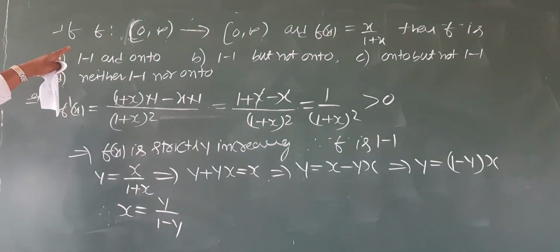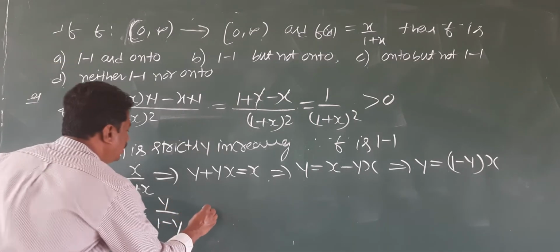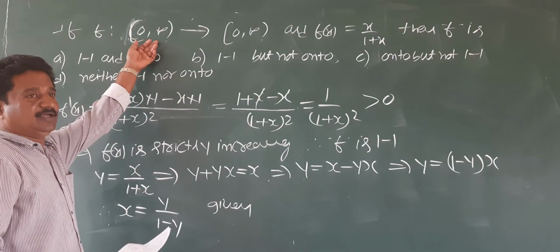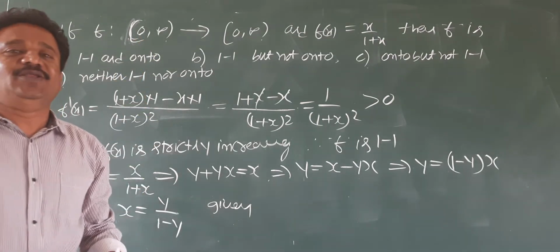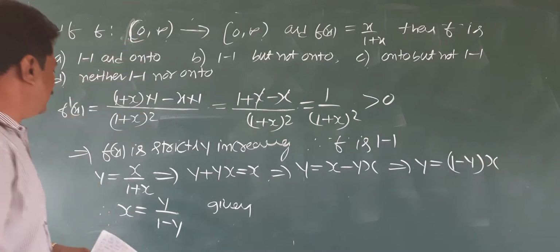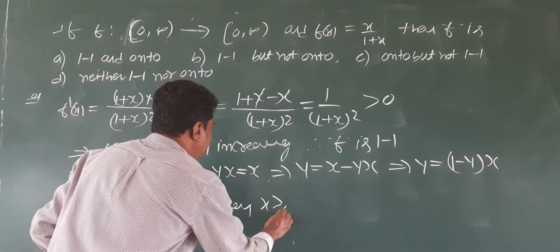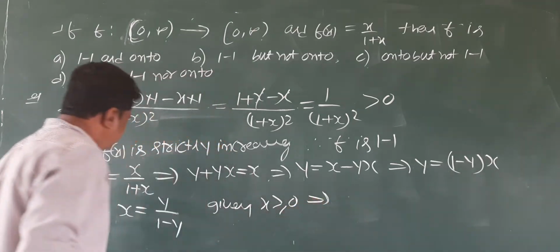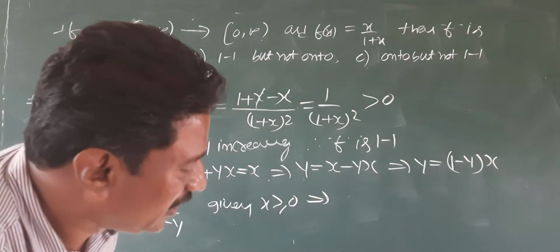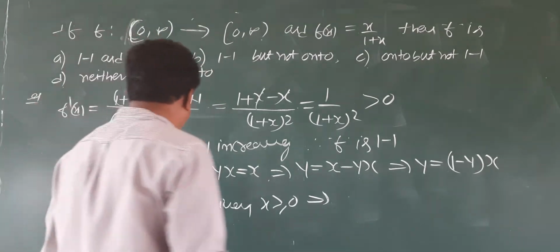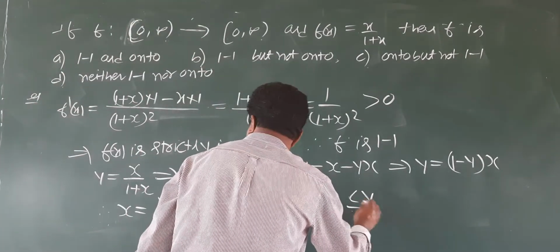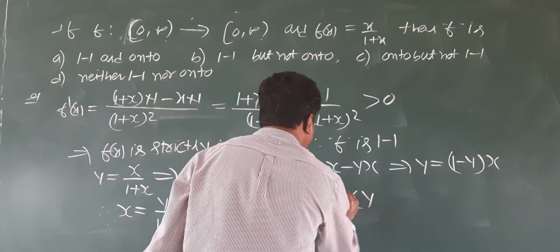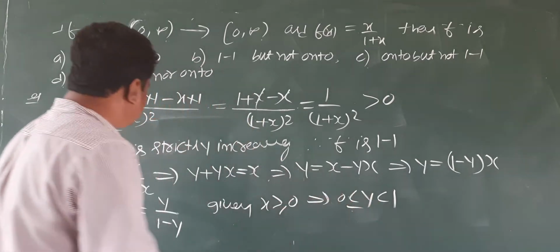Given the domain, all x values are greater than or equal to 0. So the y value should lie between 0 and 1, strictly less than 1.